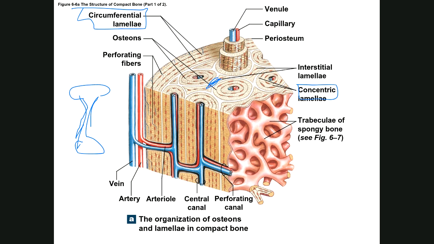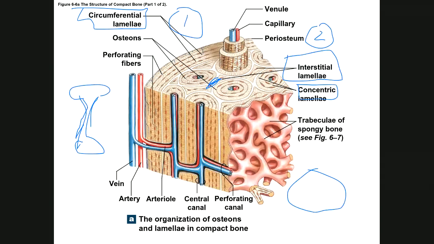So there are three different types of lamellae: between two osteons is interstitial, part of the osteon is concentric, and on the outer edge is circumferential. Think of the circumference of a circle: the circumference is the outer edge.